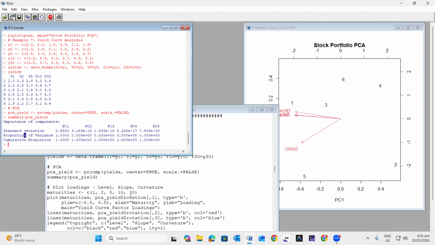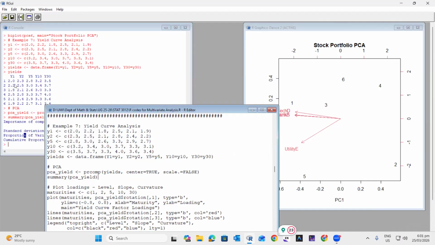This suggests the yields are nearly perfectly correlated. So in practice, we should say that yield curves have three main factors: level, slope and curvature, but the small sample size, 6 observations that we have here in the data set, may limit the ability to capture more than one factor.